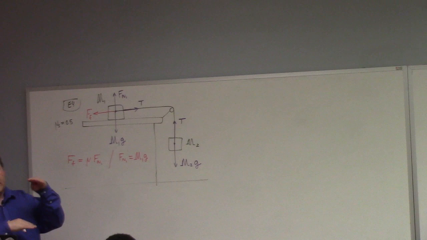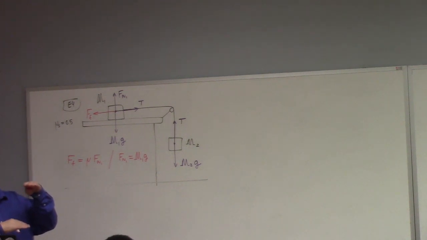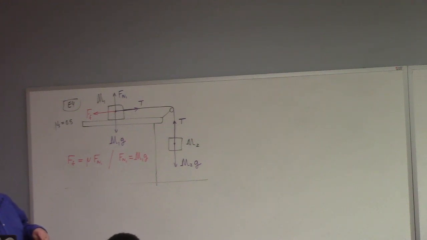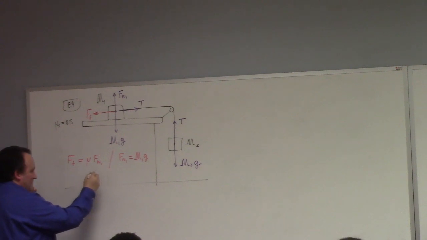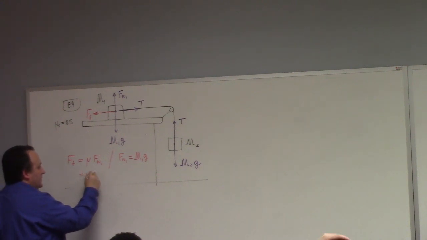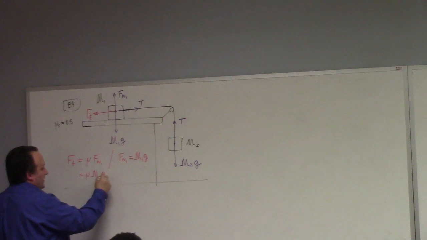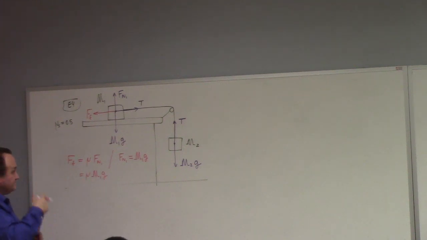Otherwise, there would be a net force vertically on mass 1, which would mean that either the box is accelerating into the table, which would definitely mess up the finish, or it would be flying off, which would be weird. So sticking with the mass sliding on the plane as given, we get a mu m1g for the magnitude of the force of friction there.